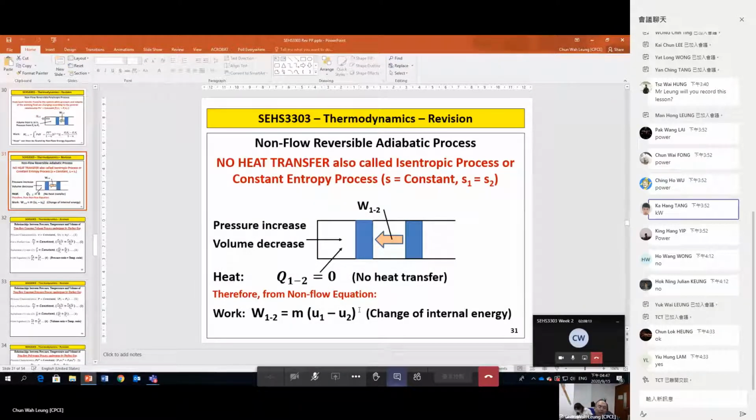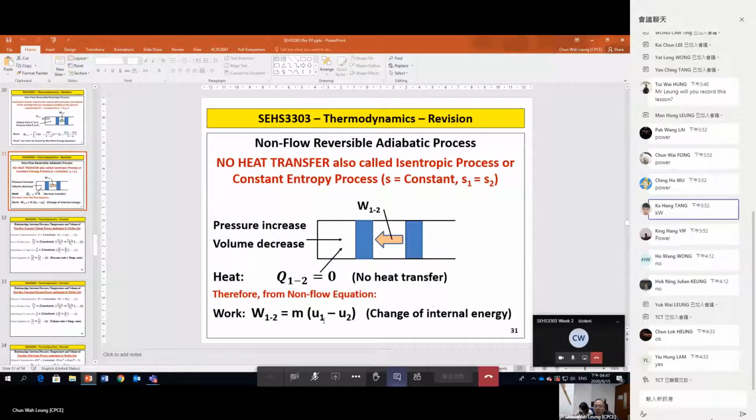If this is steam, then from the table we work out U1 and U2, which gives you the work done. But if this is a gas, then U1 minus U2 can be changed into Cv times T1 minus T2. In other words, what we need is to find out T1 and T2.